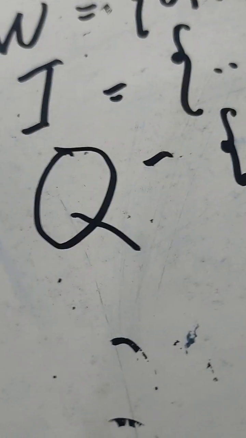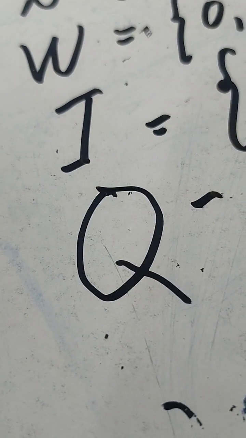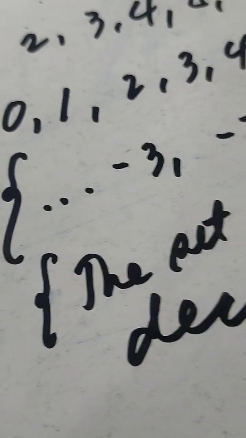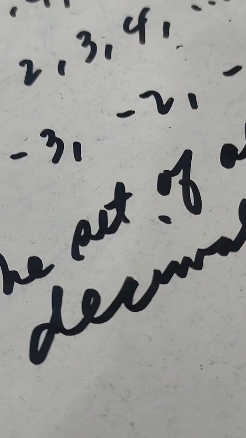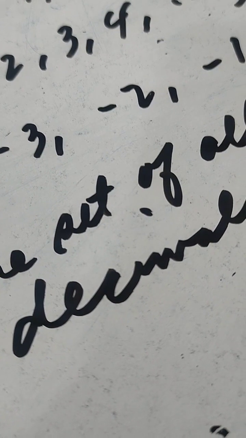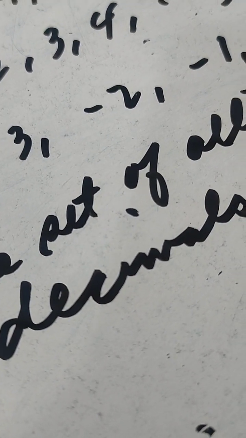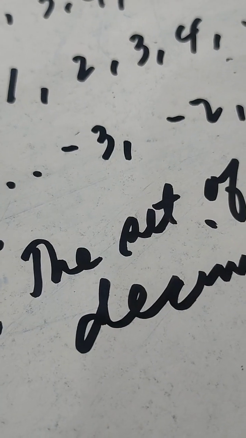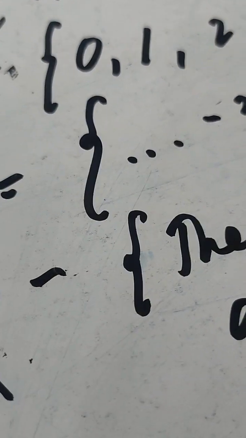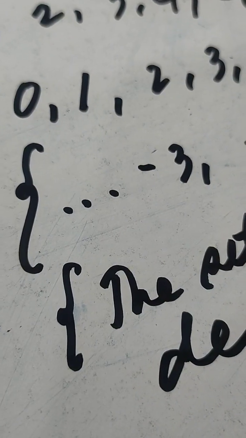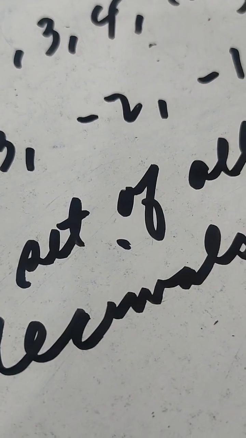So this is a better definition of what rational numbers are. When you express a certain number as rational, they must be terminating or repeating decimals.